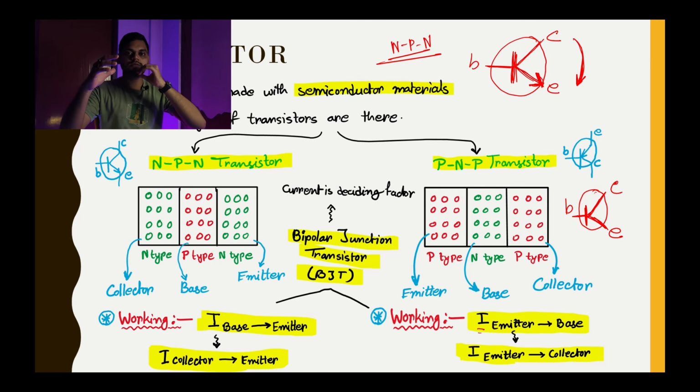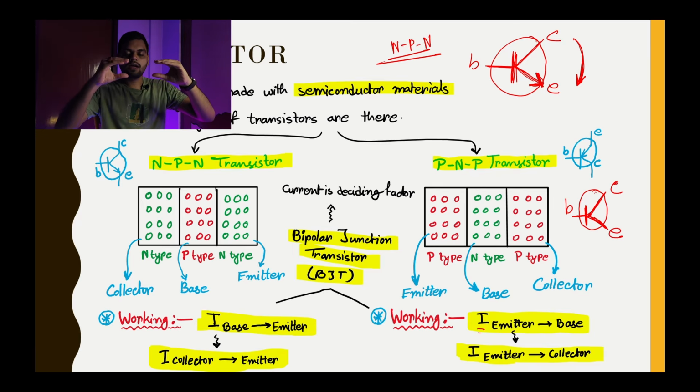Okay, now visualize it again. PNP. Okay, collector, base, emitter. Okay, if we have a little bit of current flowing from the emitter to the base, a larger current will be flowing from the emitter to the collector. It's just a kind of reverse.